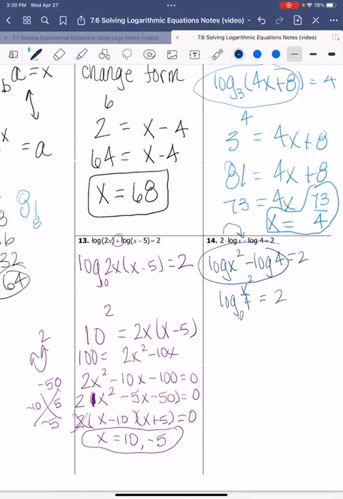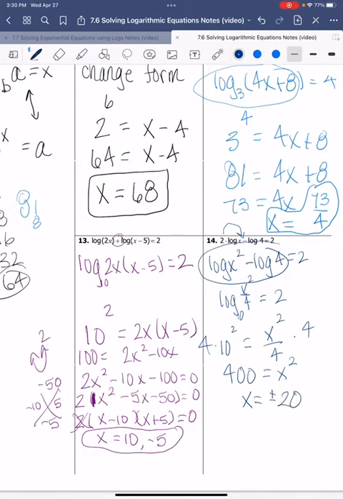Base is 10. Change forms. 10 squared equals x squared over 4. All right, so multiply both sides by 4. That's 400, I believe. Okay, and square root, and I believe that's 20. So it's plus or minus 20.